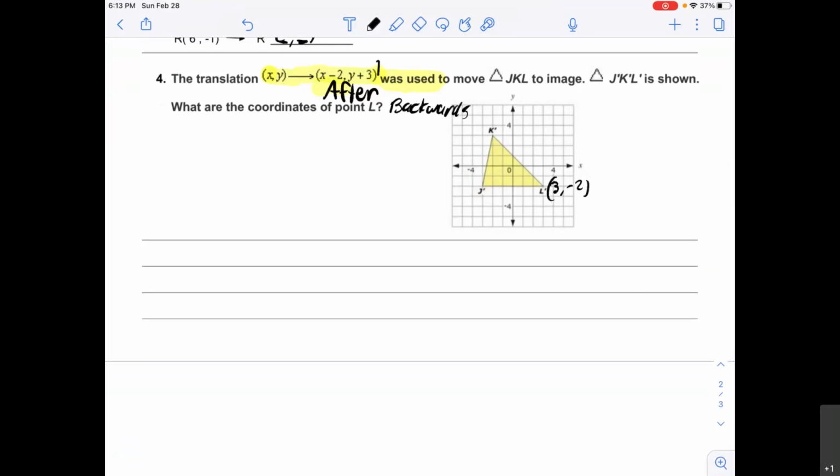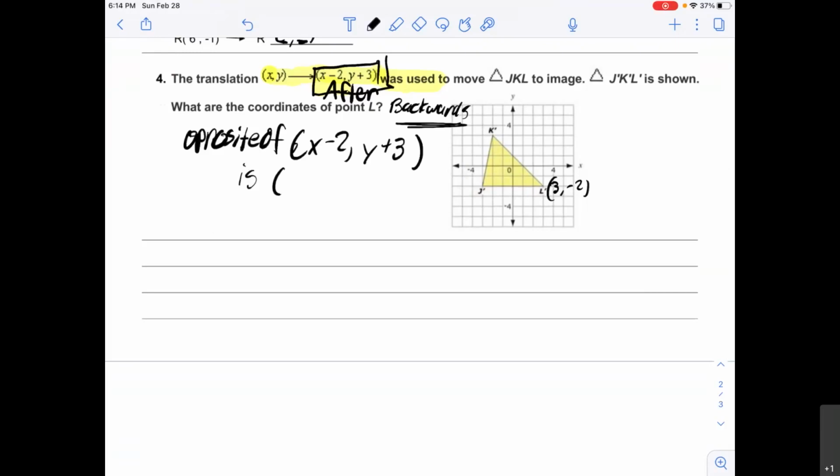That was after we did this. So if I want to go backwards, I need to do the opposite. So the opposite of x minus 2, y plus 3 will be doing the exact opposite.